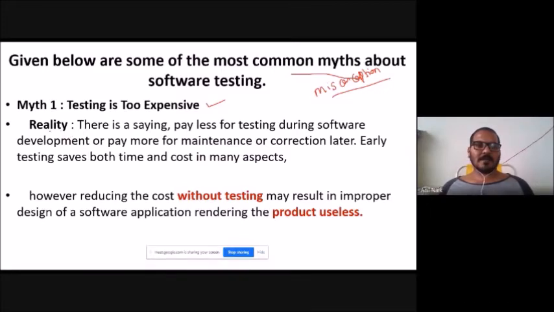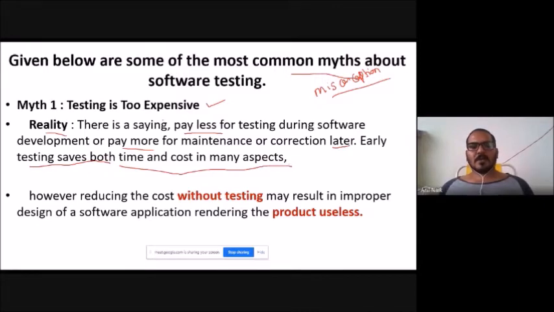The reality is the saying: pay less for testing during software development, or pay more for maintenance or correction later. Early testing saves both time and cost in many aspects.